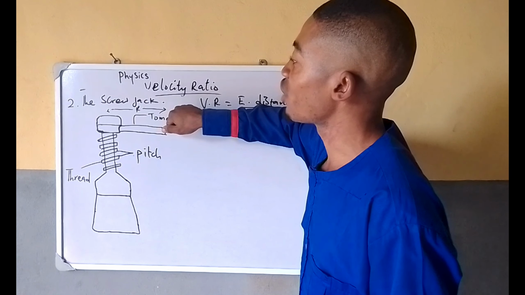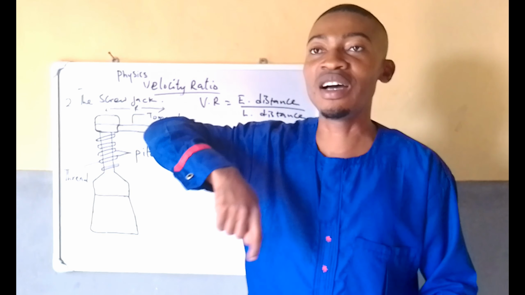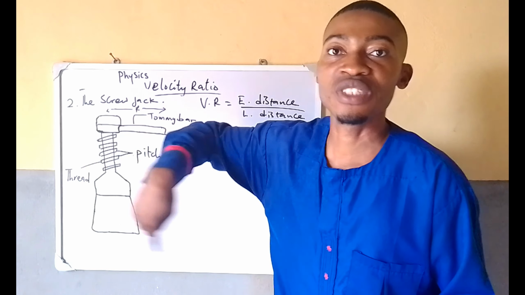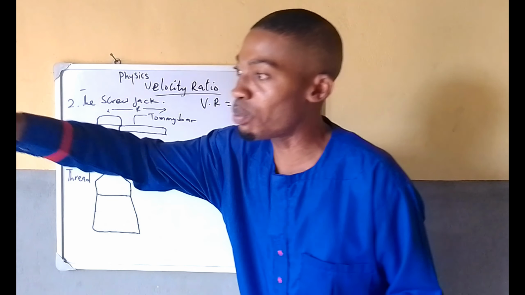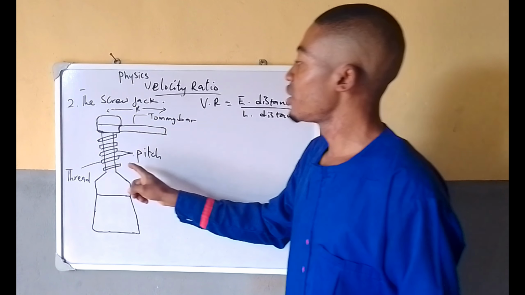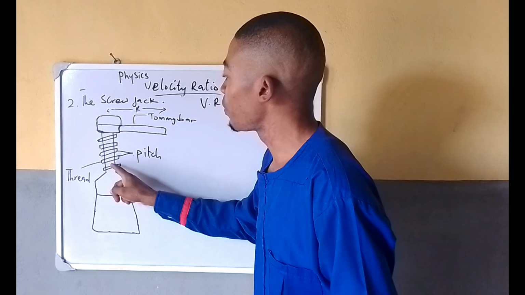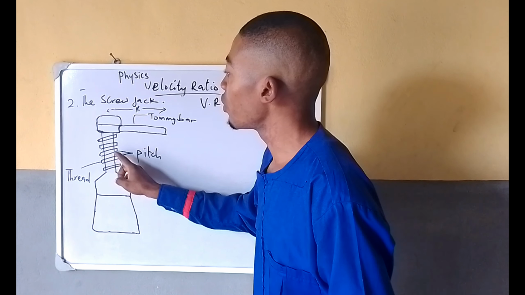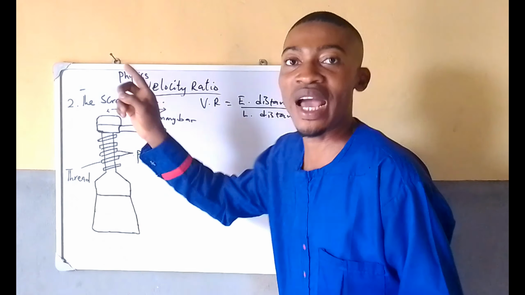This force applied on the tommy bar is to rotate the tommy bar through a circle. Make this tommy bar turn through a series of circles. Now, if this tommy bar turns one complete circle, the thread here, there will be an increase in the number of threads by 1.